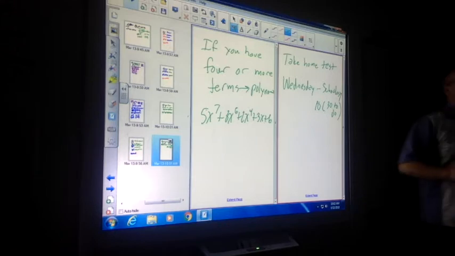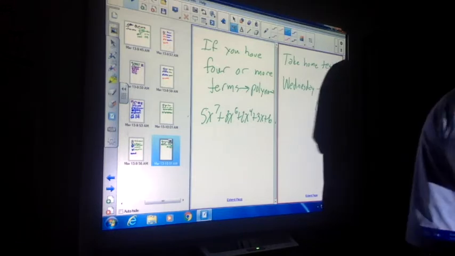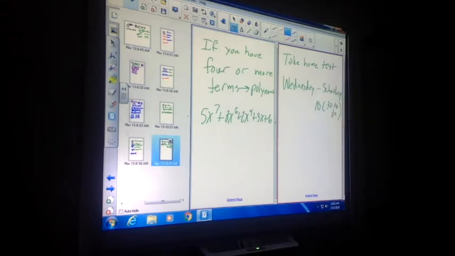The Schoology portion only deals with: is it a linear monomial, is it a quadratic binomial, is it a quartic trinomial? You're just matching. That's going to be on Schoology.